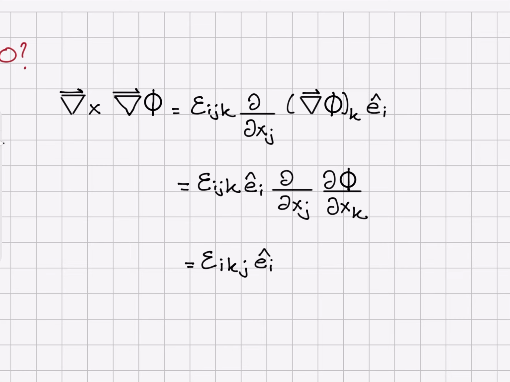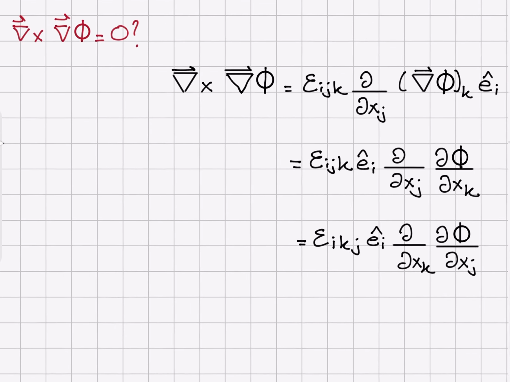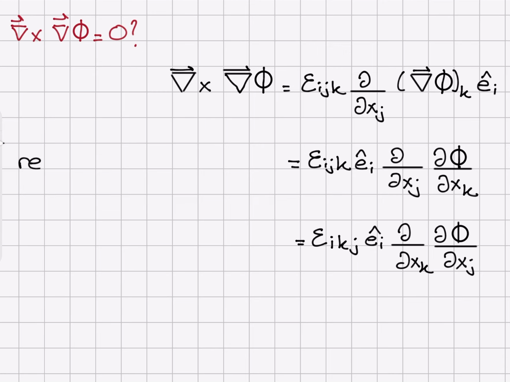This is going to become del xk del phi del xj. So what I have done is rename j as k and k as j.